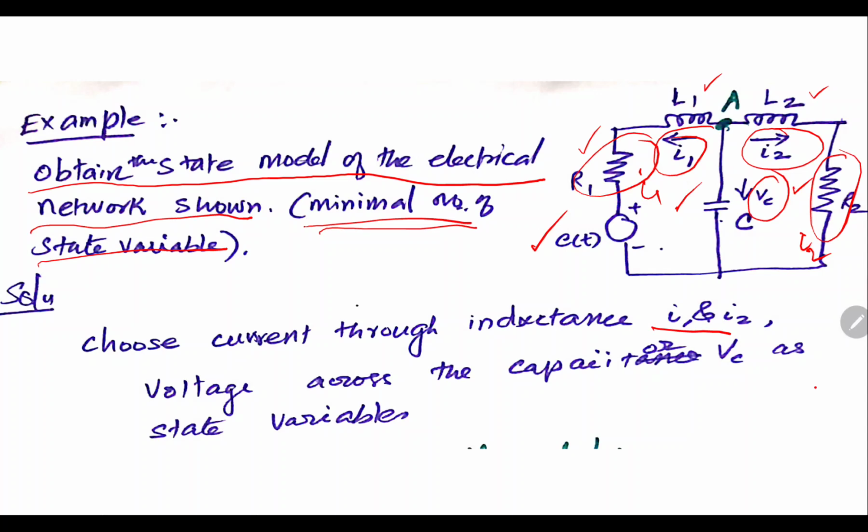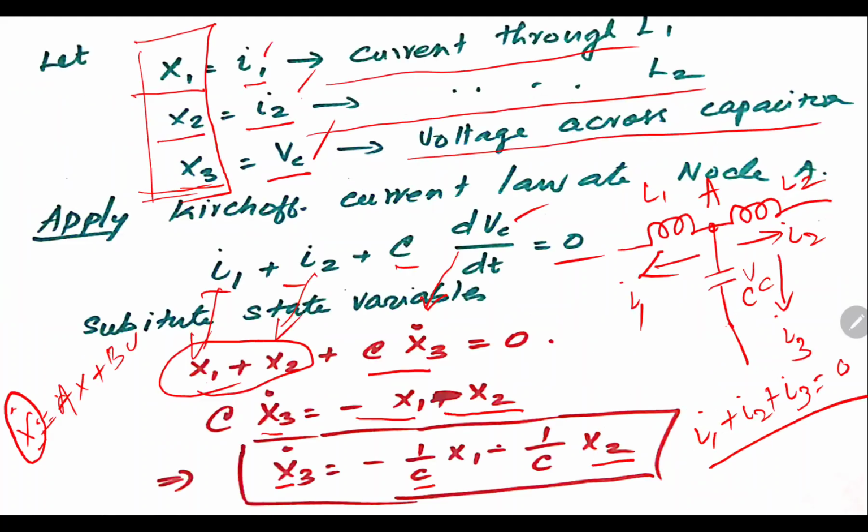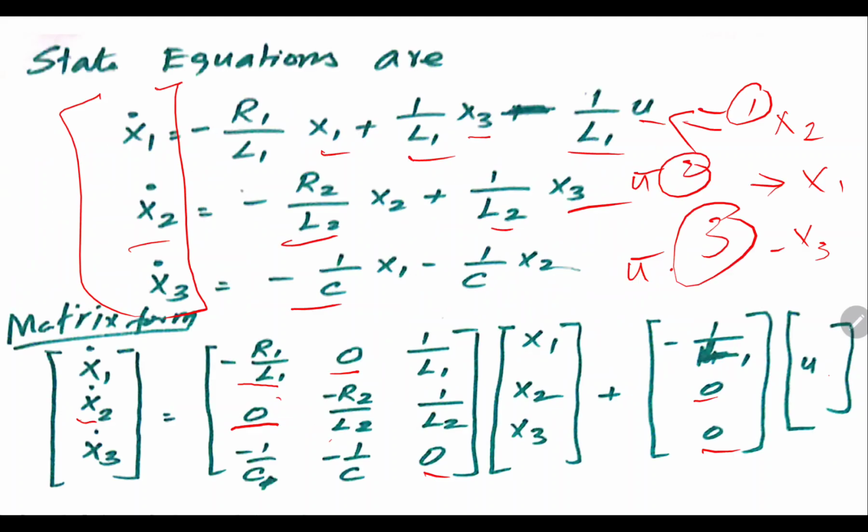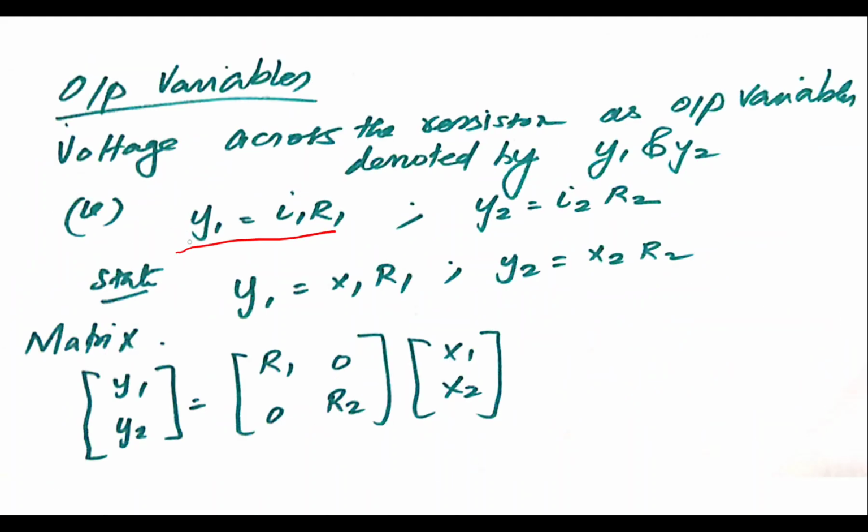So y1 is equal to I1 R1, this is the output equation. Y2 is equal to I2 R2, that is the voltage across the resistor. We are considering these as the output equations, so we have two output variables. So y1 is equal to I1 R1 and y2 is equal to I2 R2.